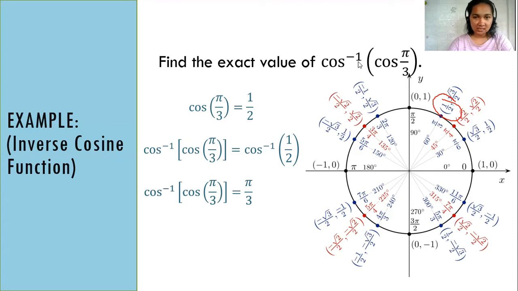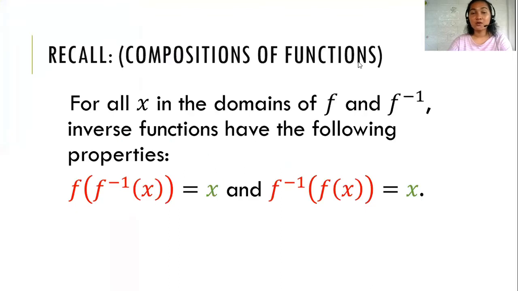For us to easily answer this kind of problem, especially for a composition of the ordinary sine or cosine and then the inverse of the given function, we need to recall the composition of functions. For all x in the domain of the function f and its inverse, inverse functions have the following properties: first, f of f inverse of x is equal to x itself, and f inverse of f of x is equal to x.